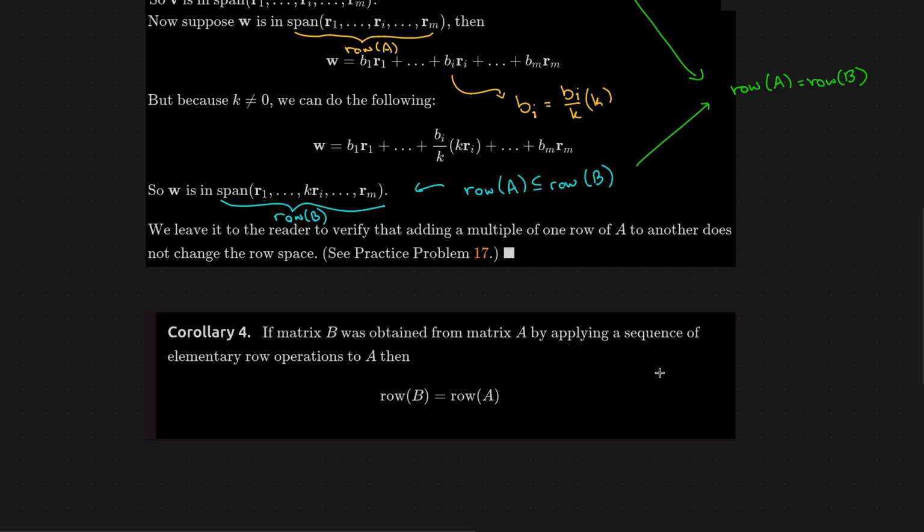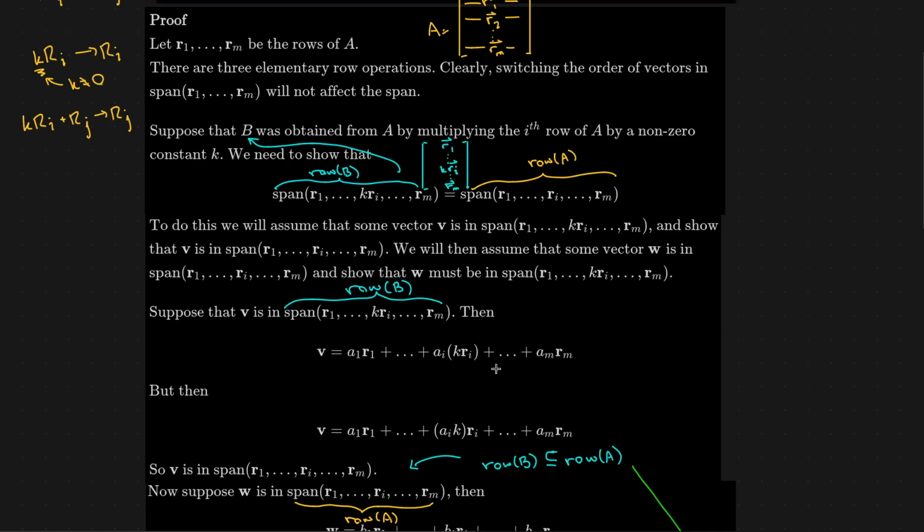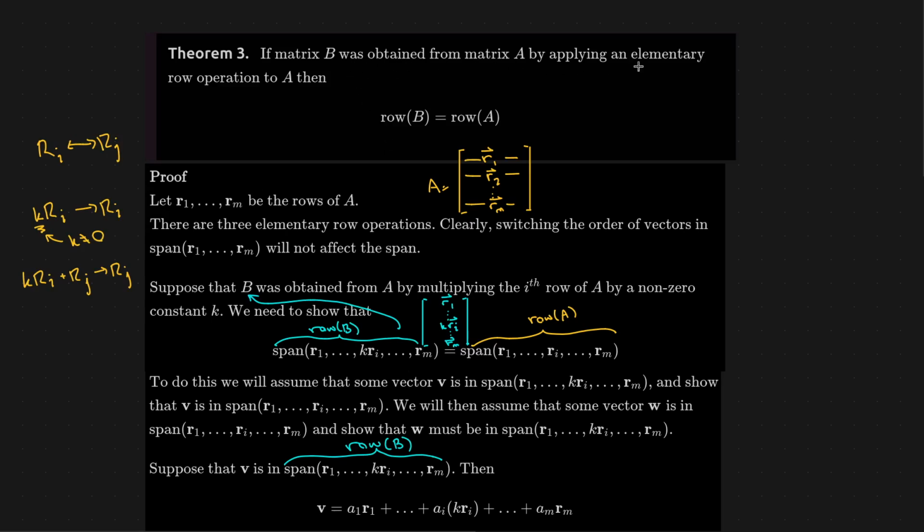Here's our first corollary. Now remember, a corollary is just a quick result that follows pretty much immediately from the preceding theorem. It comes after a theorem, but it's little and is more a consequence of the theorem. Here we were talking about one elementary row operation, but notice I could string them together.